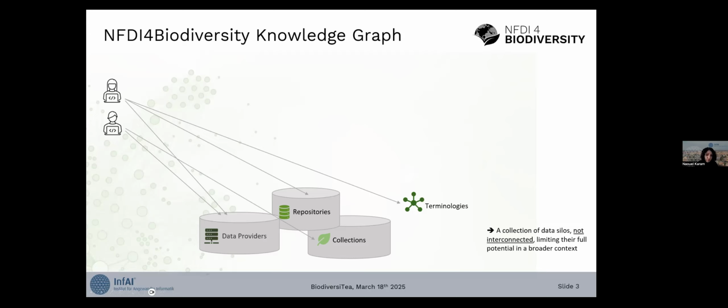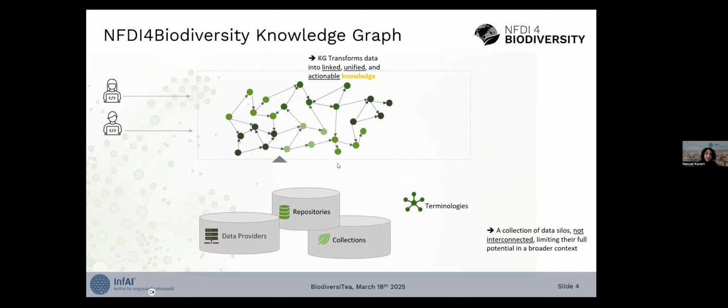So our aim is to bring this into a knowledge graph, so transform the data into linked, unified, and actionable knowledge. So the users don't have to go to the different repositories. Instead, they can just access the knowledge graph and have all the interconnected data in one place.